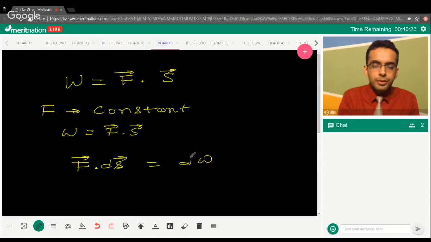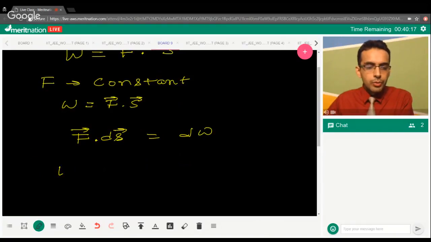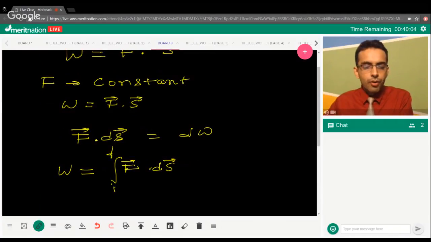And in order to find the net work done, we integrate this. So W, the total work done, is the integration of F dot ds with the proper limits from initial position to final position, right?